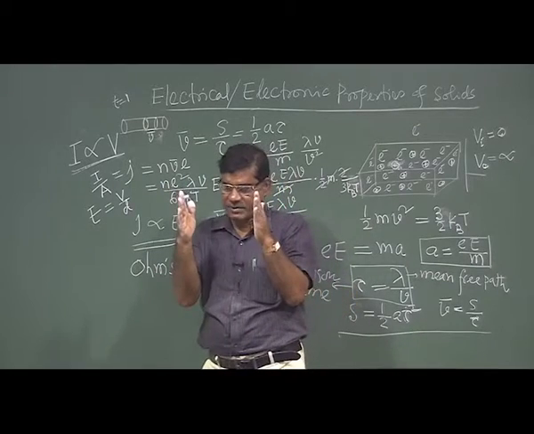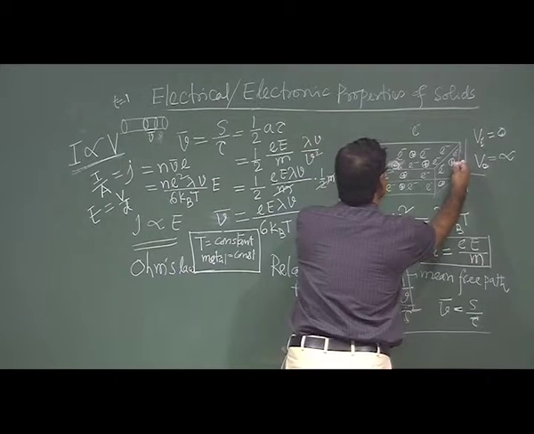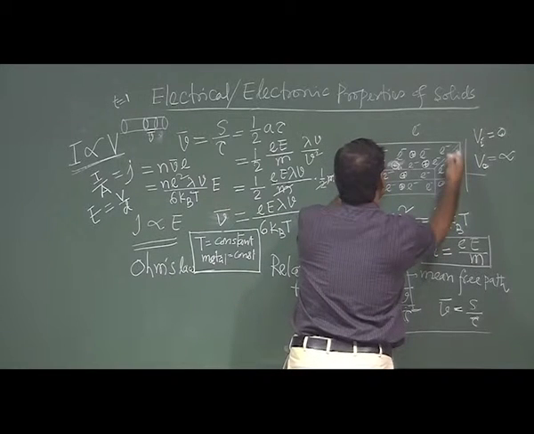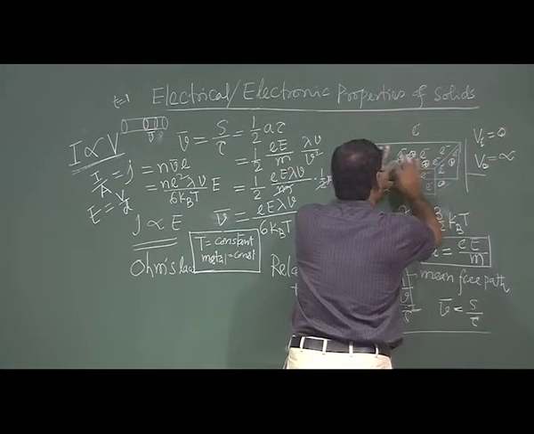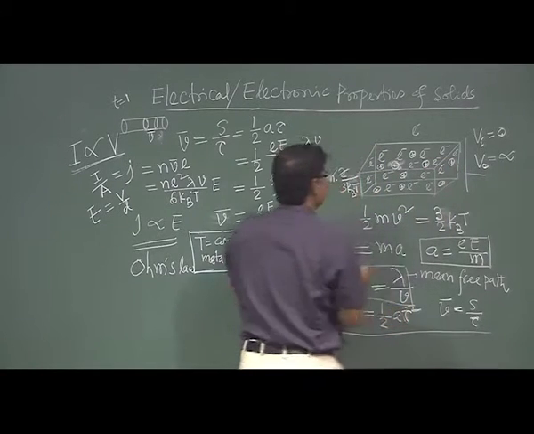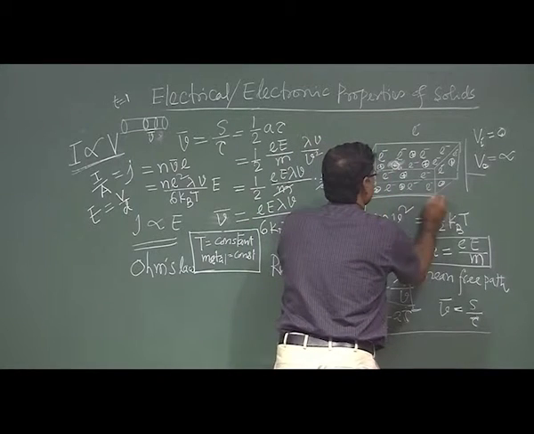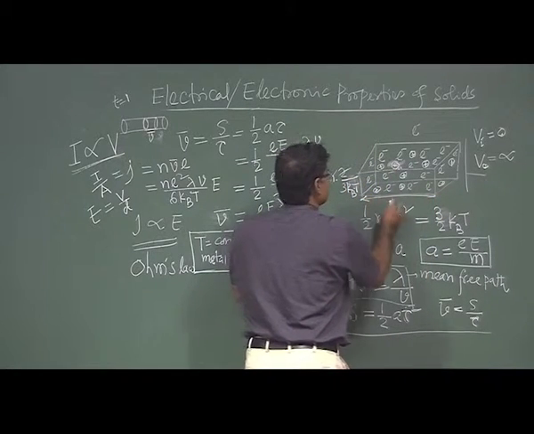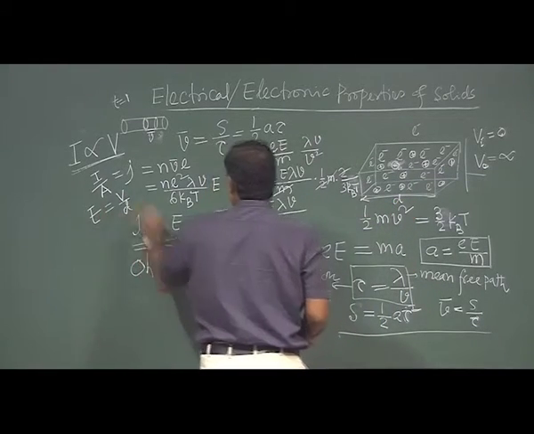If you have applied voltage across two surfaces, then the electric field between them will be this voltage divided by the separation D. Okay.